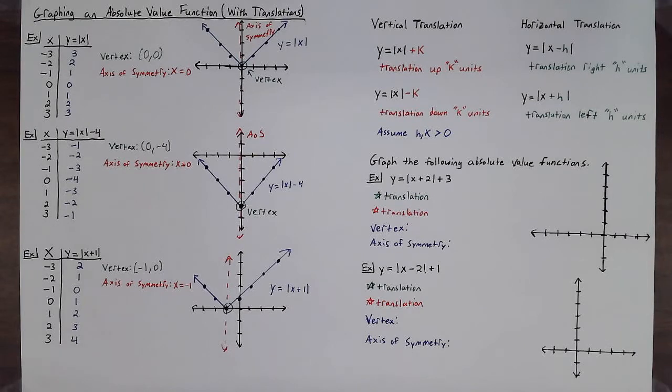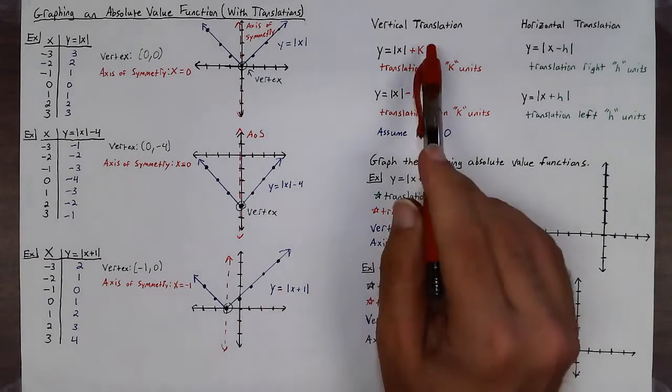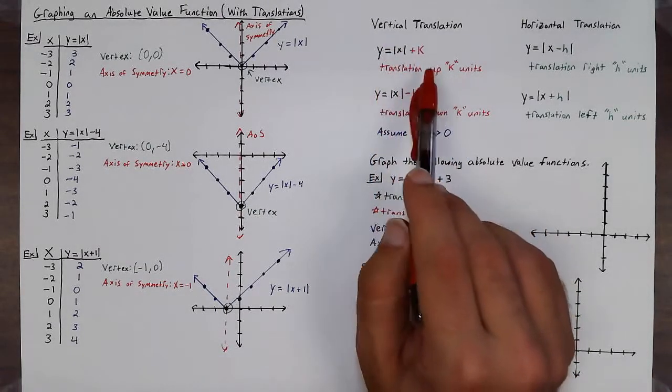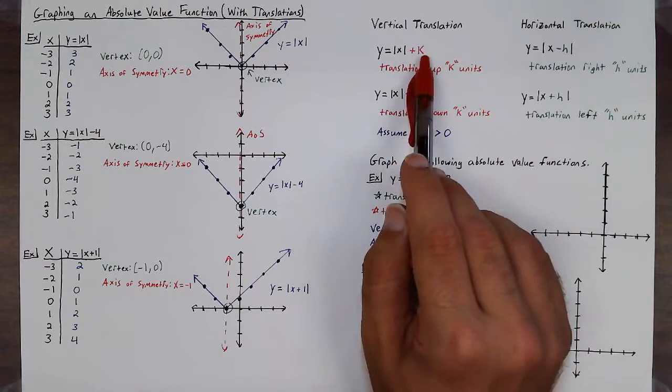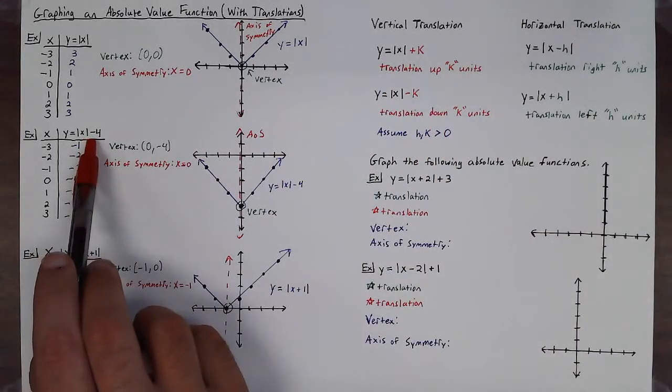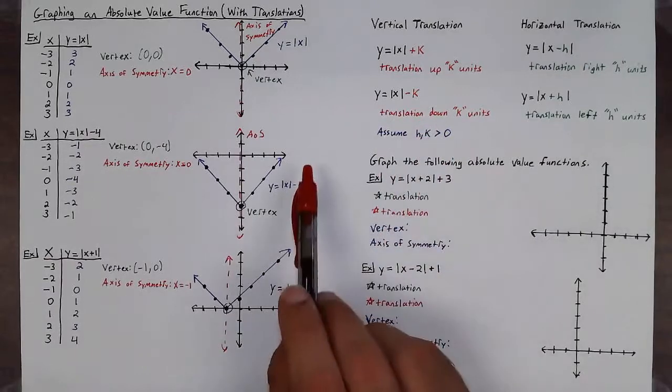So now we can start to describe similar patterns in functions whenever we add a number to it. You'll see here when we add or subtract a number on the outside, we'll notice a vertical translation, meaning if I add k, it should go up k units, or as we saw earlier, when we subtract a number, it'll go down that many units.